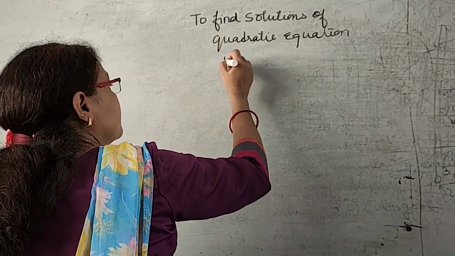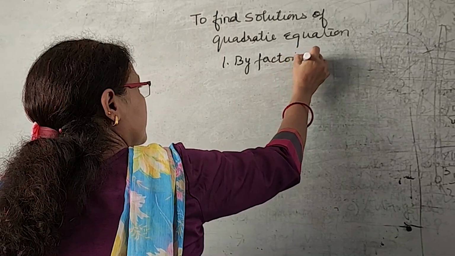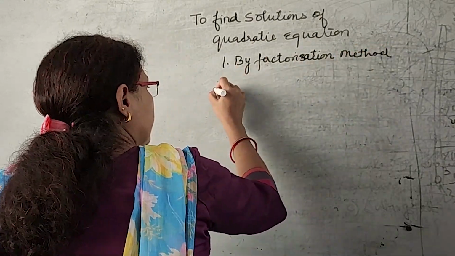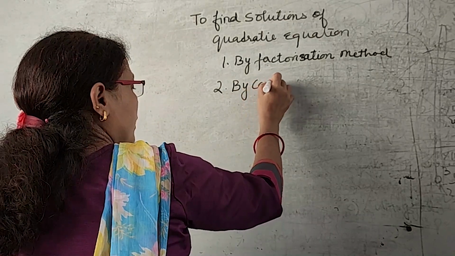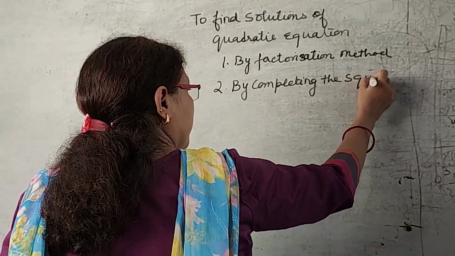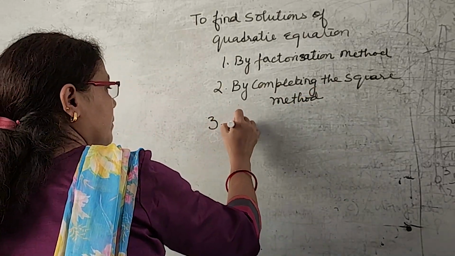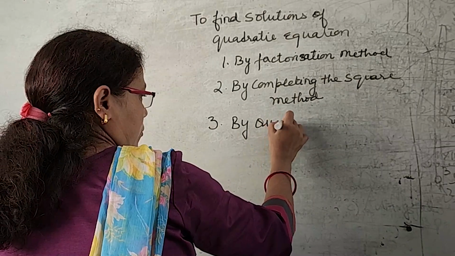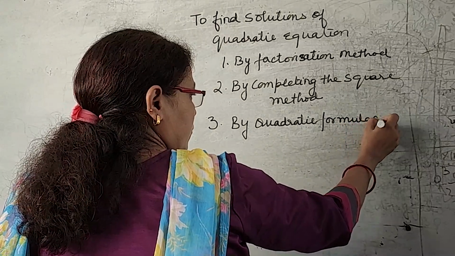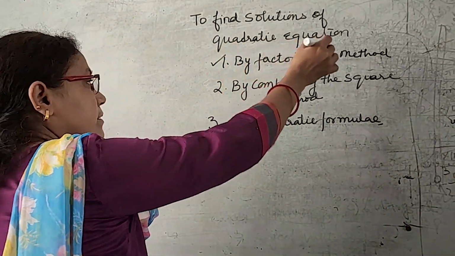The very first is the factorization method. The second is the completing the square method. And the third is the quadratic formula. This formula is also known as Sridharacharya formula. Today we will discuss only the factorization method.